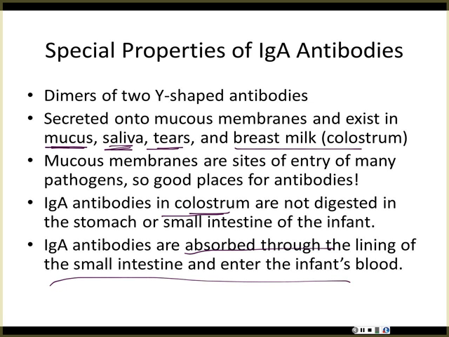Proteins have to be chopped apart into their individual amino acids before they get absorbed. But these are special. The cells that line the small intestine of an infant are capable of absorbing these intact antibodies, and then they transfer them over into the infant's blood. So that's how the infant winds up picking up these antibodies from the mother's breast milk.